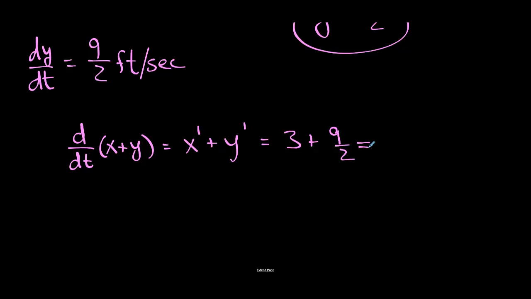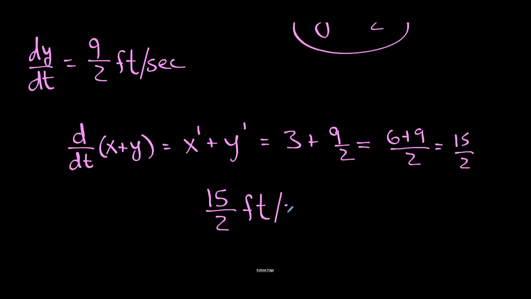So this is going to be 6 plus 9 over 2, just getting a common denominator there. And that's going to be 15 over 2. So the rate at which the tip of his shadow is moving away is 15 halves feet per second.